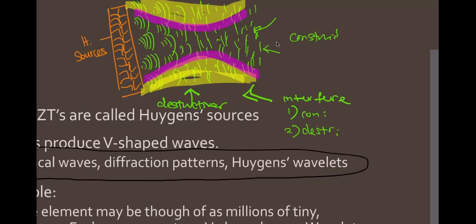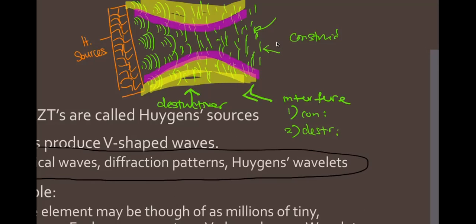Again, books don't tell you that the wavelets in the center constructively interfere and the ones on the outside destructively interfere. They don't take it into such depth. They basically just want you to know that Huygens had this idea that a large piece of PZT can be thought of as a bunch of small sources.